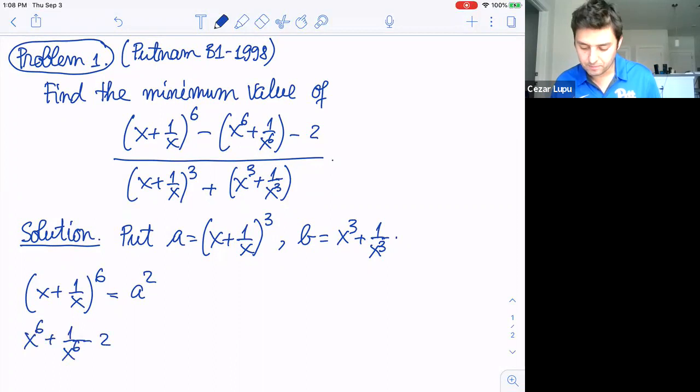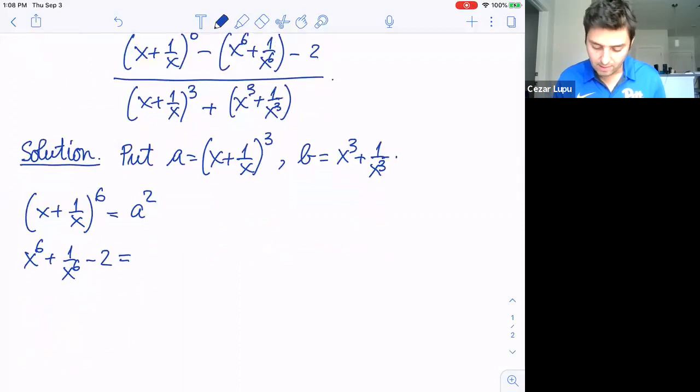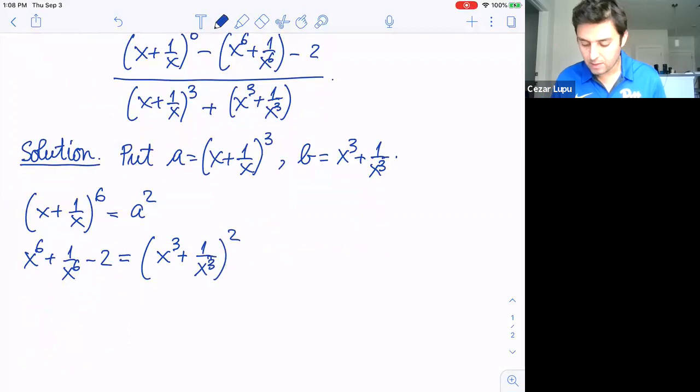If you square this b, let's write it like this: x cubed plus 1 over x cubed, everything squared, and this will be x to the 6th plus 1 over x to the 6th plus 2, right?